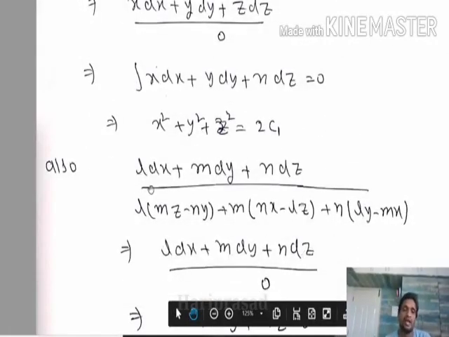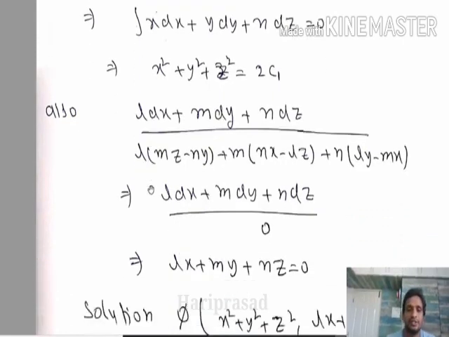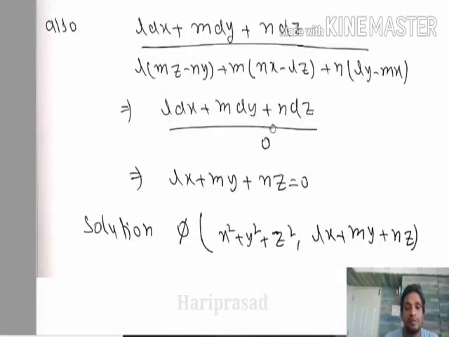And one more solution we need for that purpose. Instead of multiplying with x, y, z, I am multiplying l, m, n respectively. So l dx plus m dy plus n dz, so l into the value, m into the value, n into the value. Then also if you simplify, the terms will get 0.